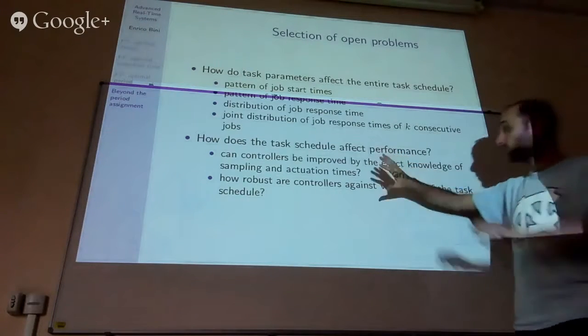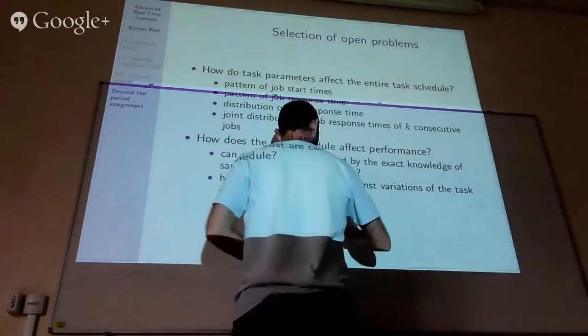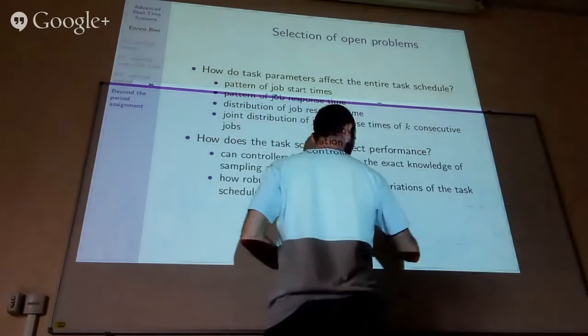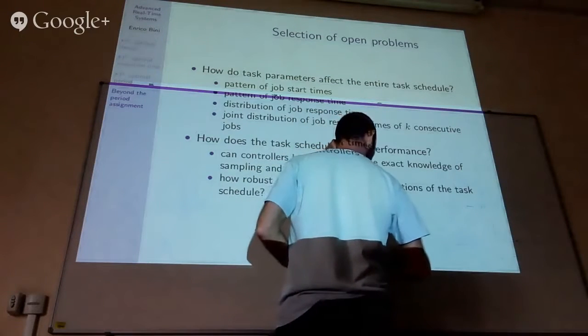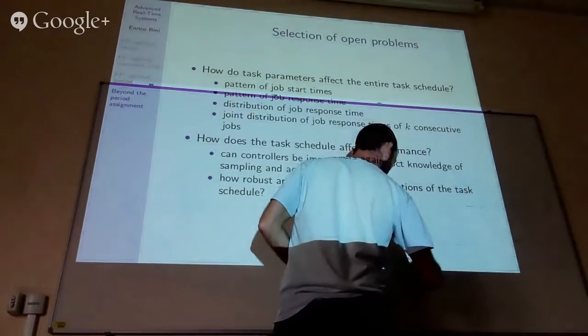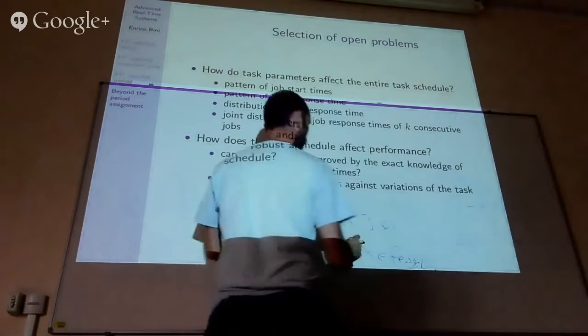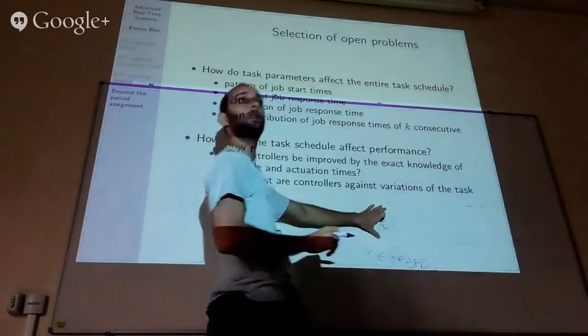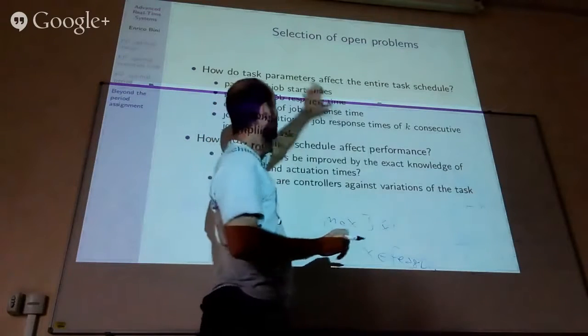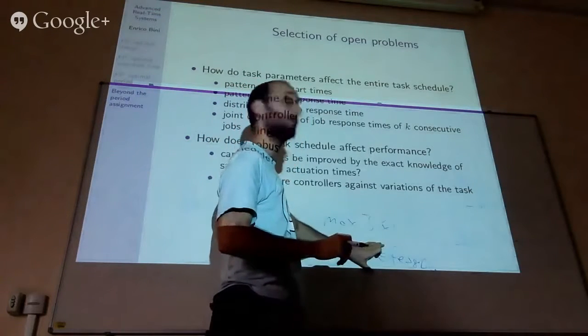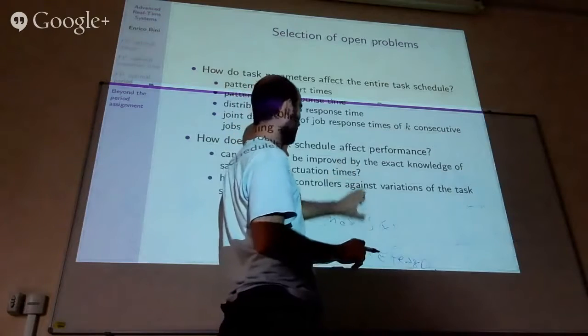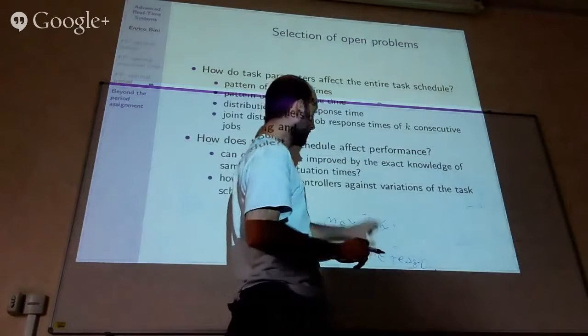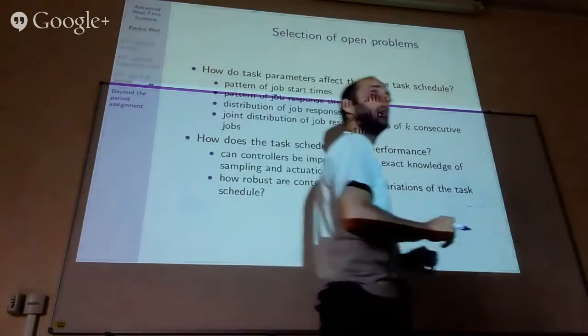If you want, this has to do with the performance function. This second problem has to do with this part of the problem, and the first problem has to do with this bottom part. So these are related to the performance function, and the problem here is related to the scheduling.